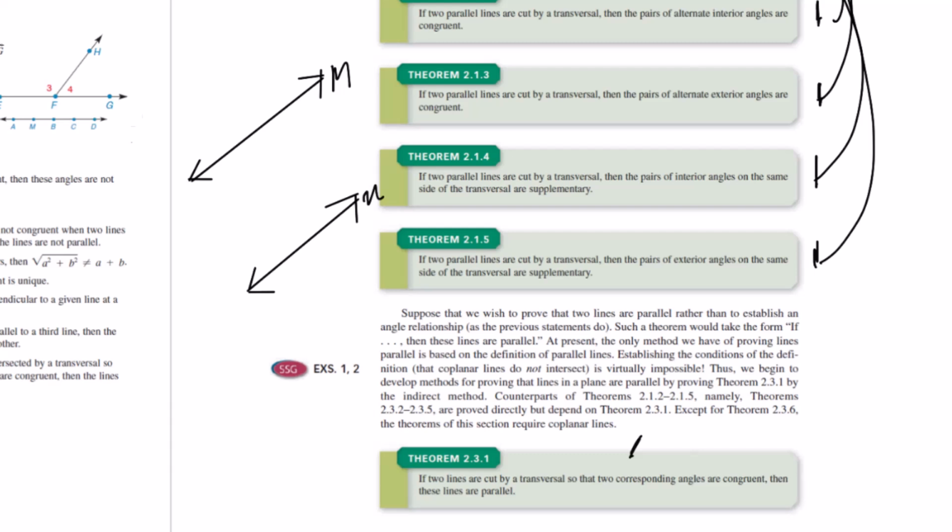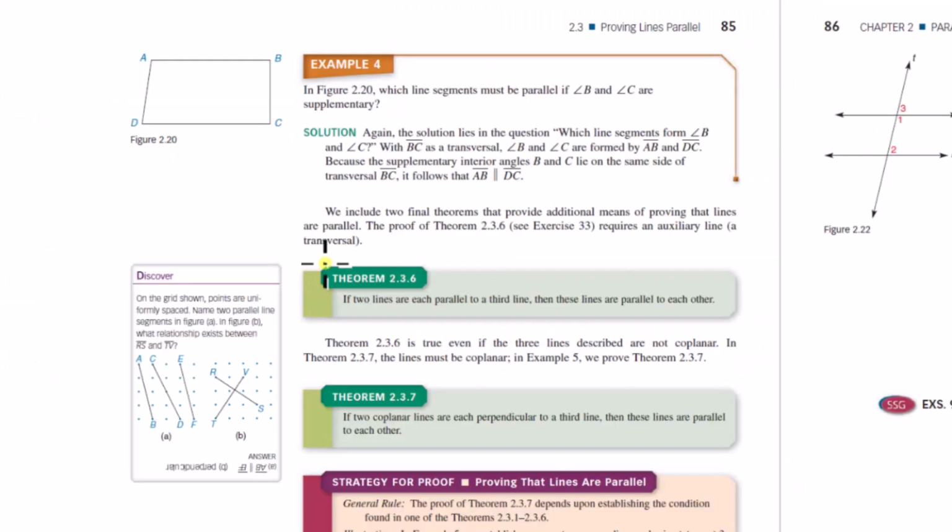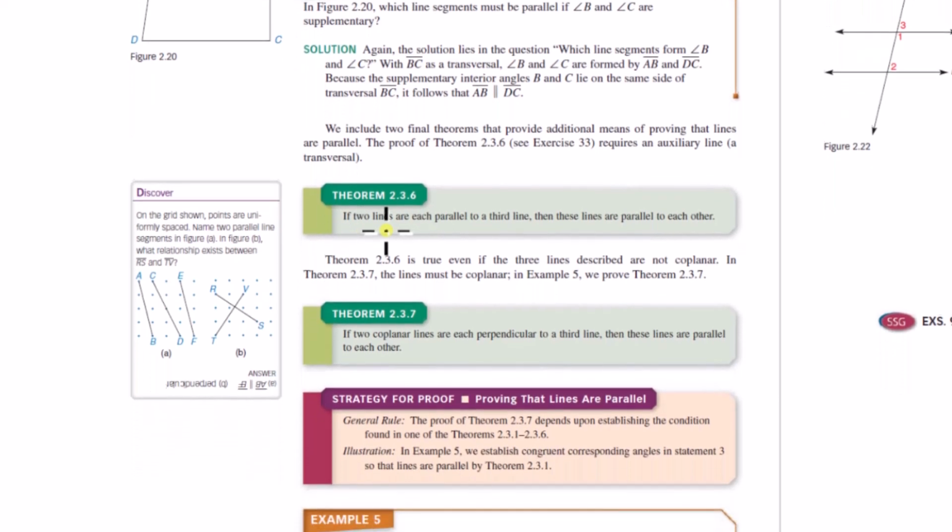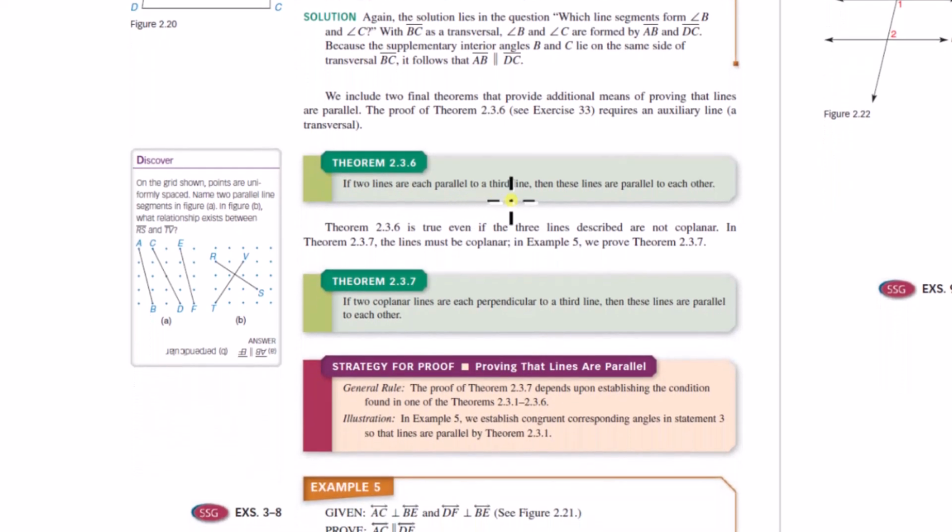So this theorem 2.3.6 isn't going to require coplanar lines. It's going to require an auxiliary line. All right. If two lines are each parallel to a third line, then these lines are parallel to each other. Theorem 2.3.6 is true even if the three lines described are not coplanar.